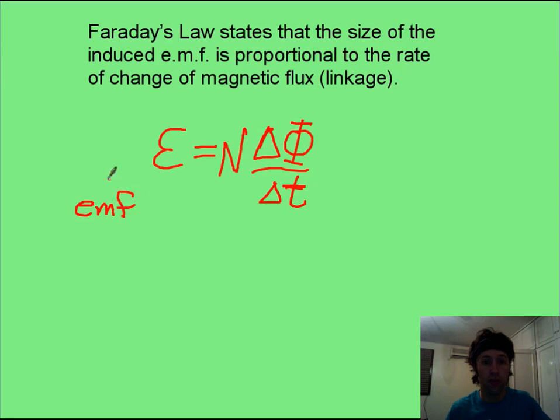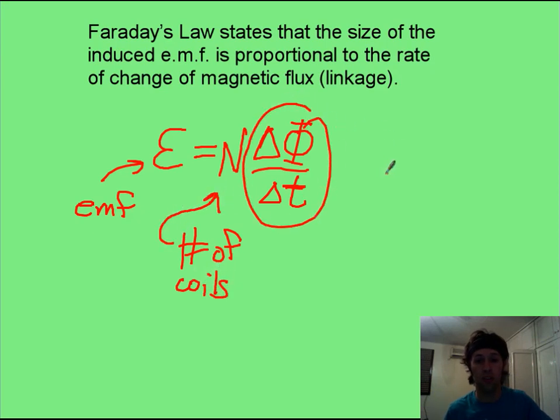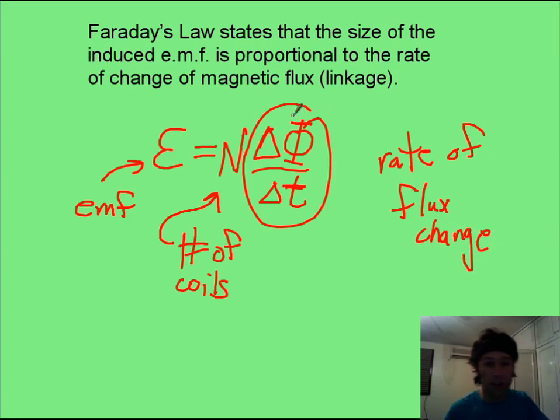So this E is our EMF, N would be the number of coils, and then this business here is going to be the rate of flux change. Now technically there is also a negative sign that you stick in here, but we're just going to be calculating the magnitude, so let's not be concerned about that. But the faster this flux changes, the more EMF you get. And what's also nice is if you can't change that flux fast enough, the number of coils that you have will also increase the amount of EMF that you get.